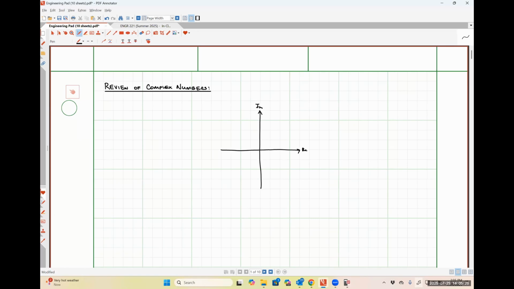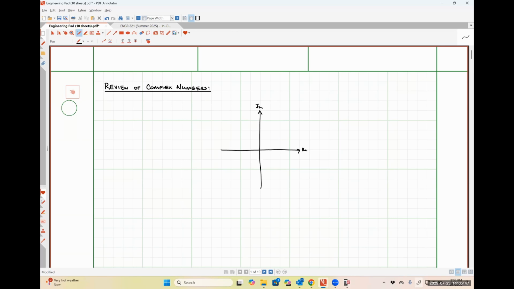So we can think about this as if it were two number lines, right? The standard number line that we learned in elementary school is our real axis, where everything to the left of zero represents negative numbers, and everything to the right of zero represents positive numbers.